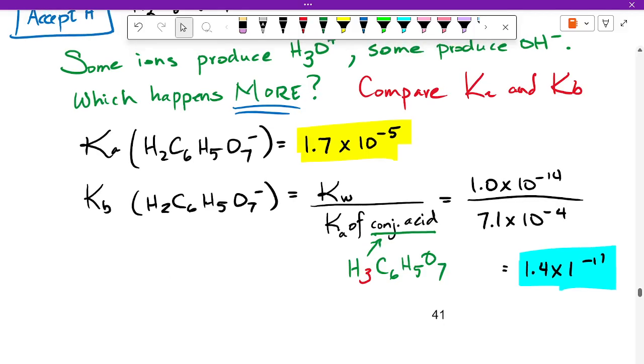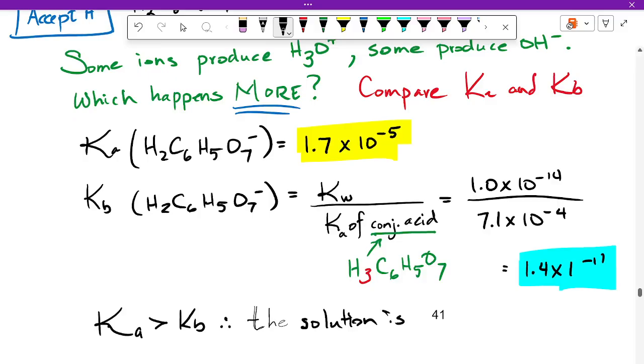And at that point, we should make a statement. What should we make a statement that? Ka is greater than Kb. Therefore, the solution is acidic.